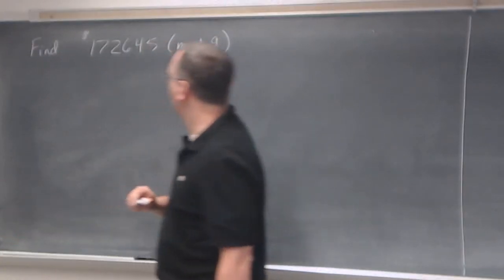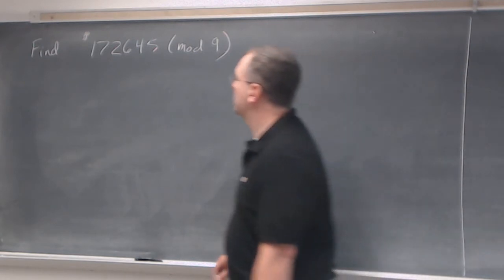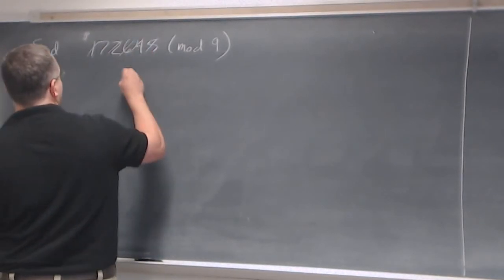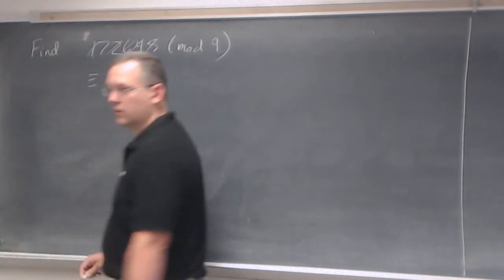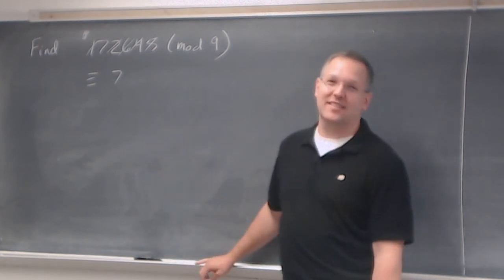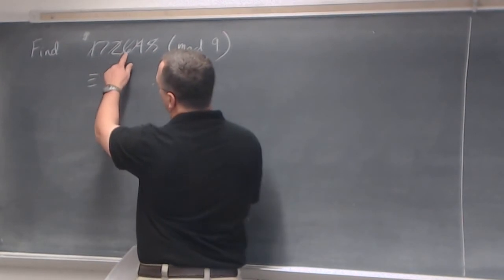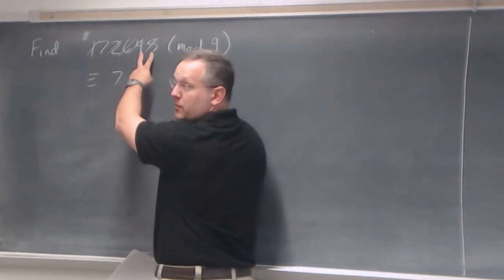117,645 mod 9. Seven. Right? I just casted out nines to figure that out. So what I did, the 4 and the 5 gives me 9.